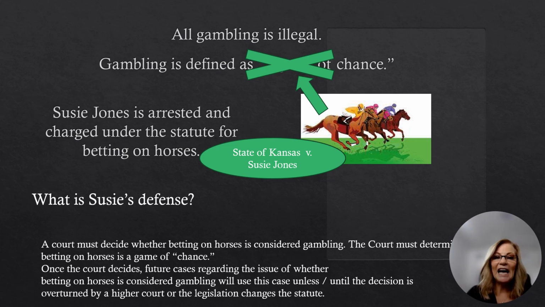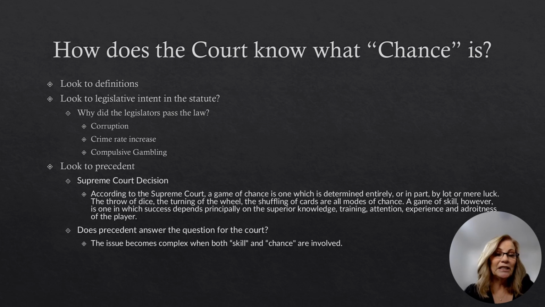But the question is, how does the court determine what chance is? It's up to them, right? So you can look to definitions. What's a definition of chance? We can look to intent. Remember what I said? I said we look to reasons, the purpose.